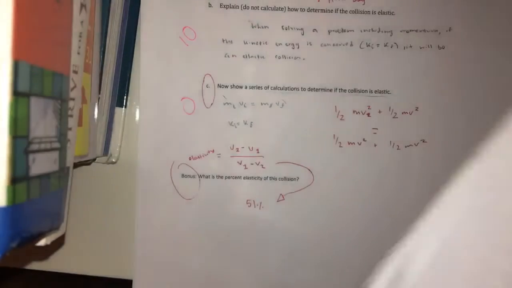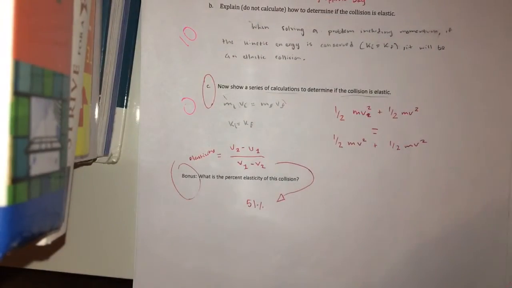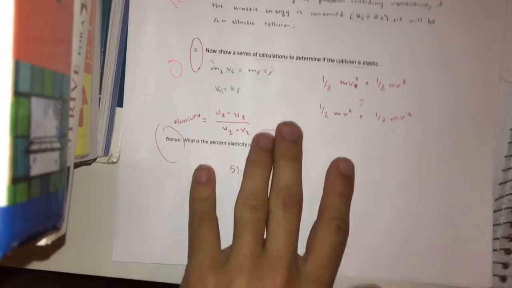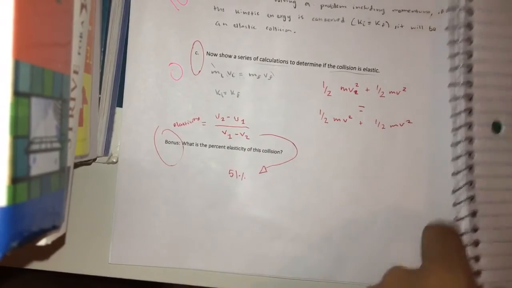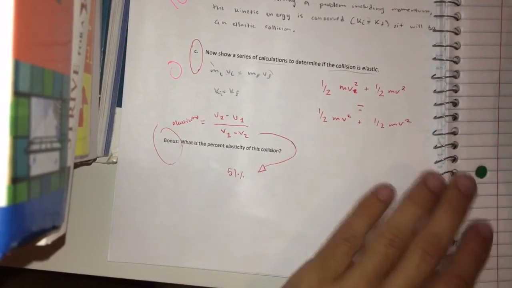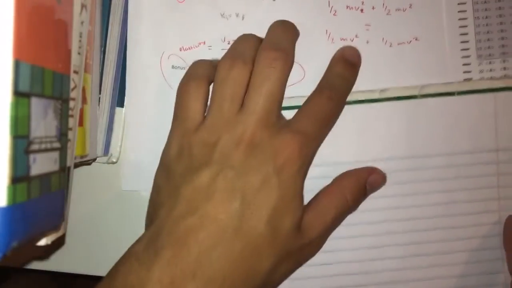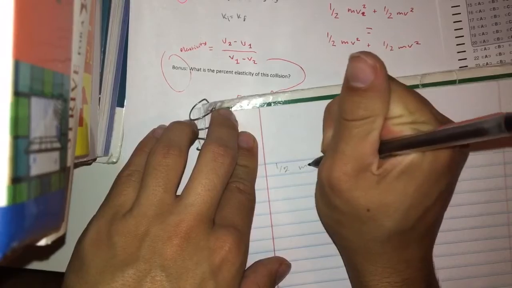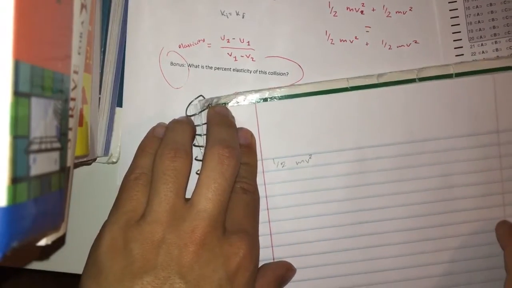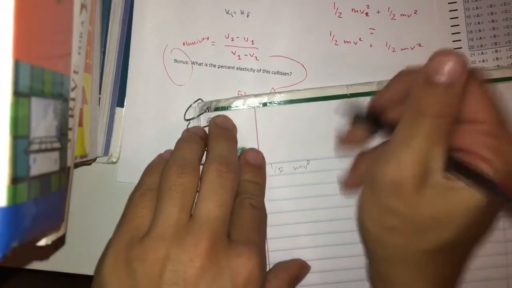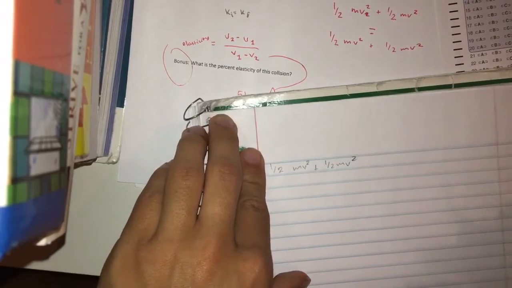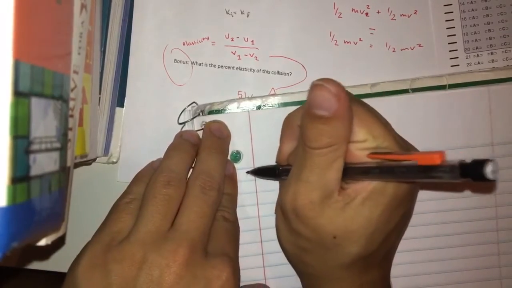And basically for that, all we really needed to know was the equation for elasticity, which I wrote here, but I'll write it again. 1/2 mass times velocity squared plus 1/2 mass times velocity squared. This is before.